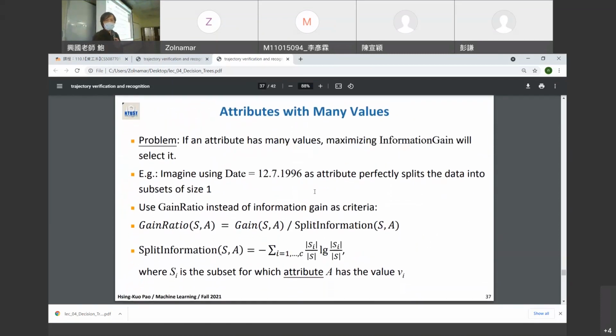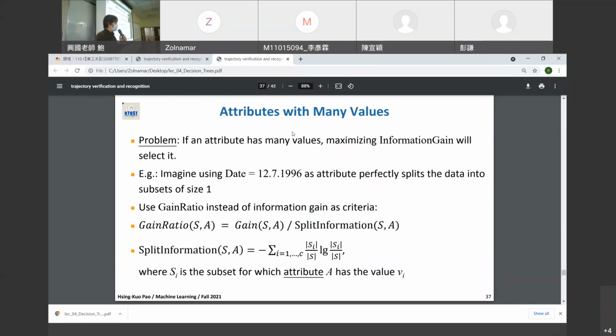Here comes gain ratio, which we haven't talked about yet. It is related to what I just mentioned: a continuous attribute could be favored. Then, if an attribute has many values, would that be favored? Yes.